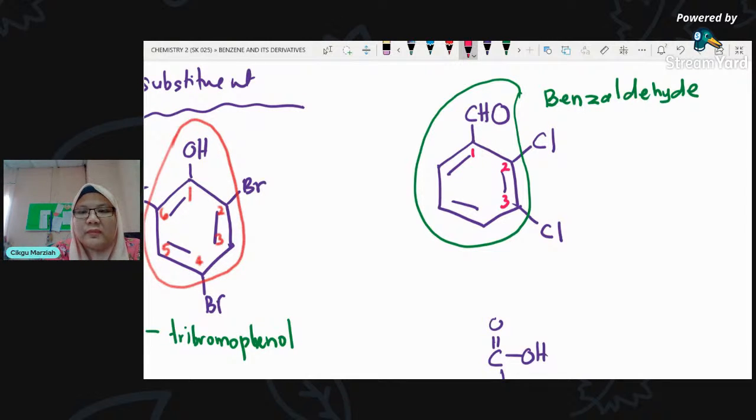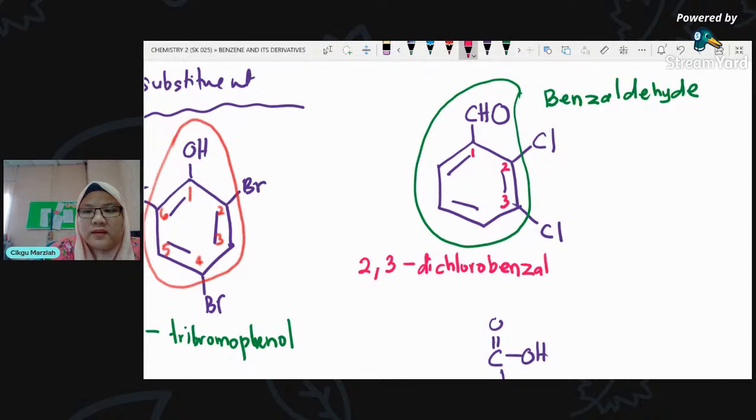At carbon number 2 and number 3, we have identical substituent. So you can put 2, 3 dichloro, CHLO, benzaldehyde. Jangan space. Okay, yang ini dia benzaldehyde because CHO. Kalau benzoic acid, COOH.